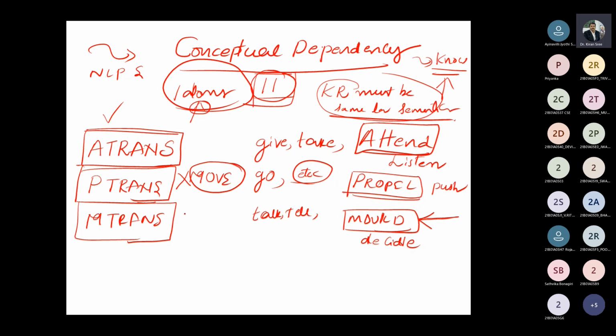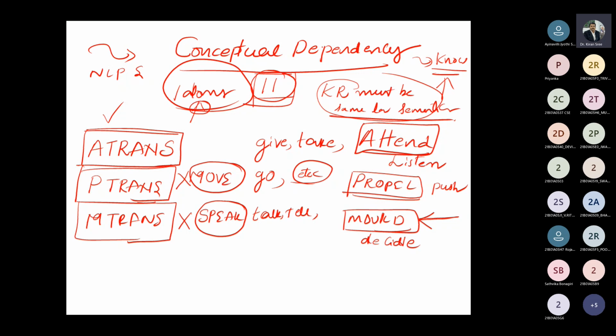M-trans is to talk, and you have something called speak. Speak is like you make some noise. You disturb the class, or you're speaking loudly, you're uttering a noise.